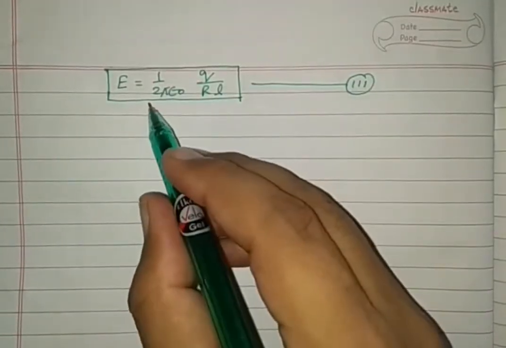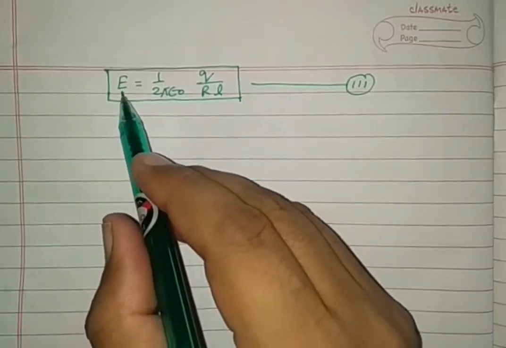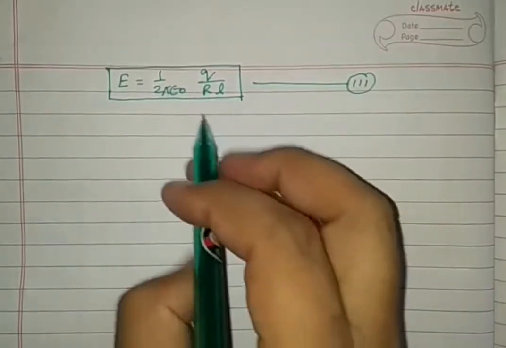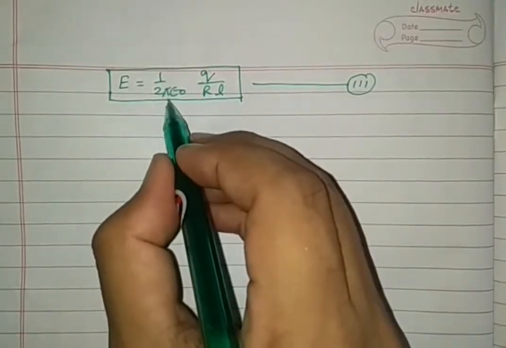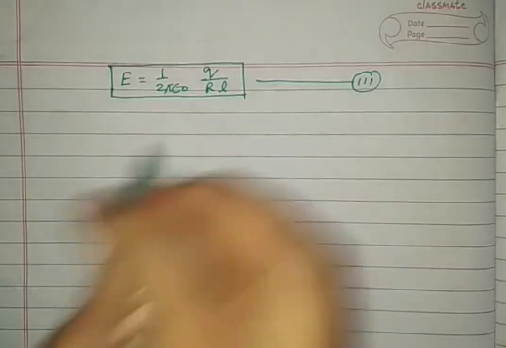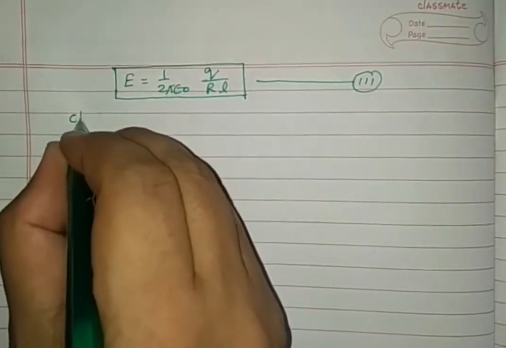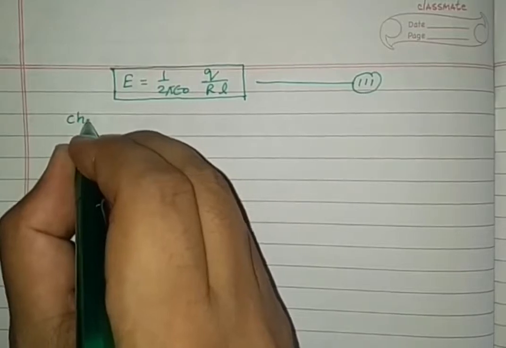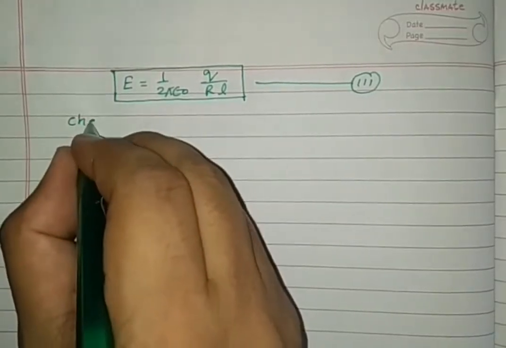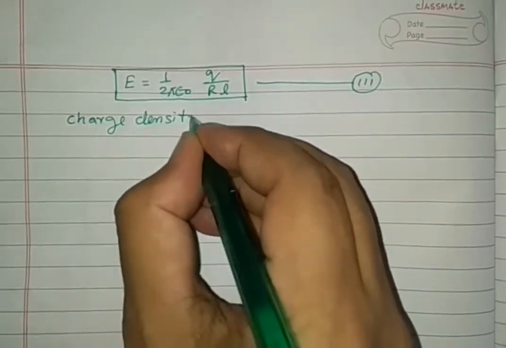Since we are using a new page, that is why I have written equation 3 here once more. So E is equal to 1 upon 2 pi epsilon 0 Q by RL in this formula. Now we are going to see one more thing I want to introduce in the formula, that is the charge density.